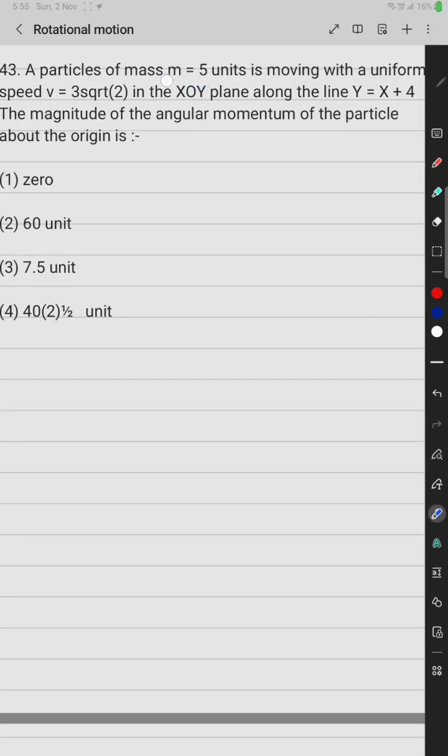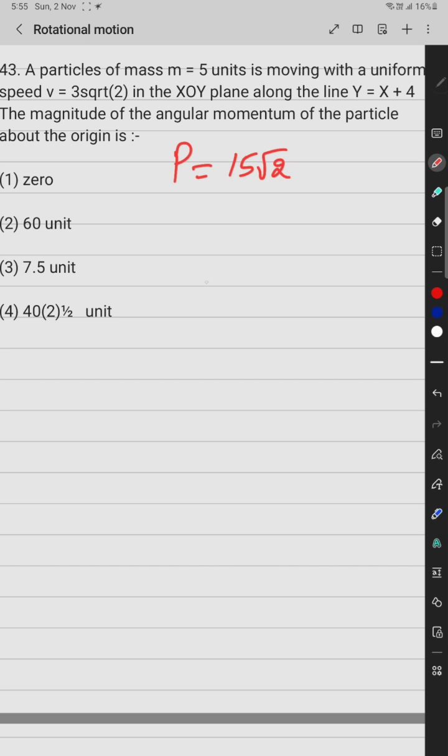Next question: the mass of the particle is 5 units and the speed is 3 root 2. It means the linear momentum is 5 multiplied by 3 root 2, which is 15 root 2, because momentum is mass into velocity.